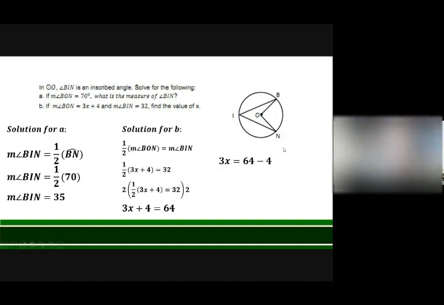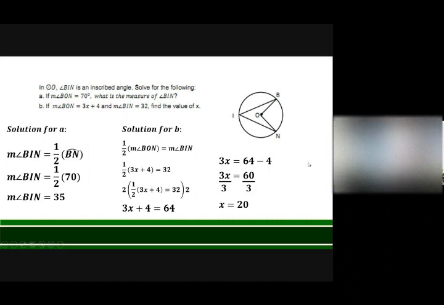So, let us try to subtract this. 64 minus 4. Magkakaroon tayo ng 3x is equal to 60. Then, divide natin both sides by 3 para matanggal yung 3 natin kay variable x. Therefore, your x is equal to 20. Okay?